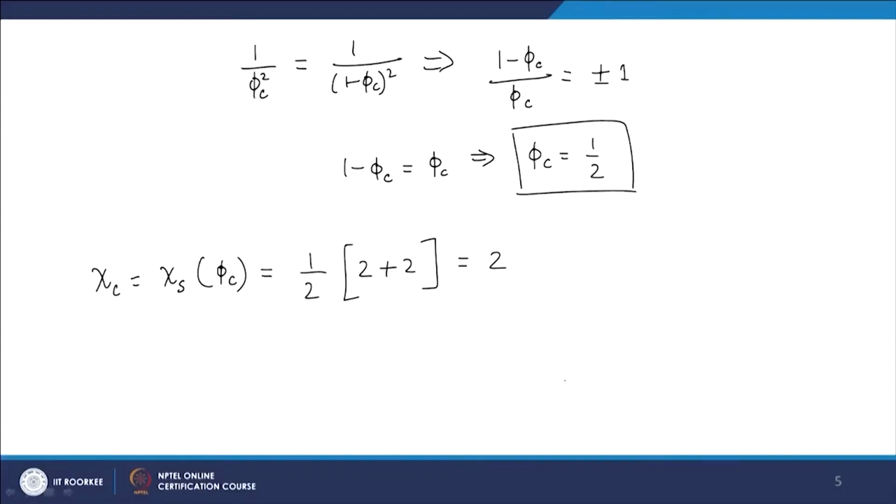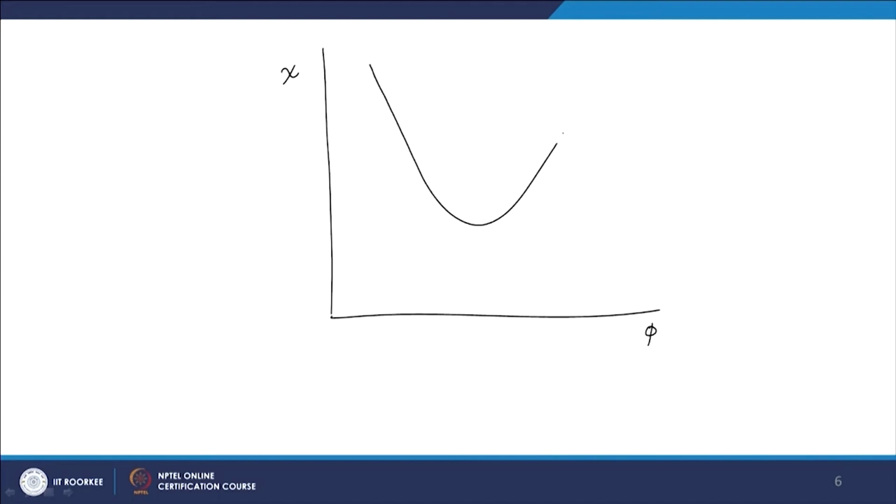what we then have is the following phase diagram that I will draw here. So, we have chi versus phi. So, of course, for chi less than chi c, there is no phase separation.